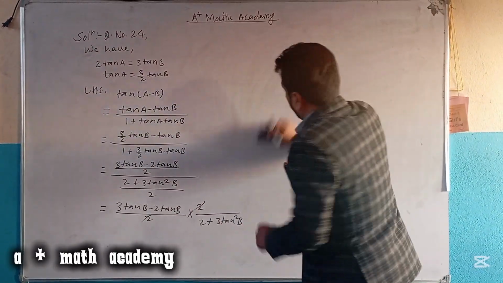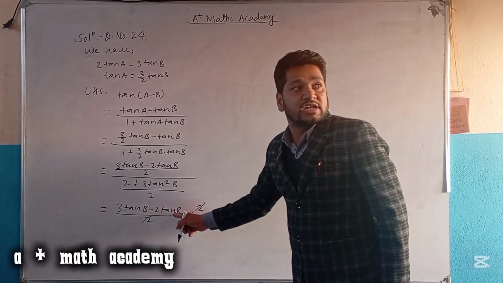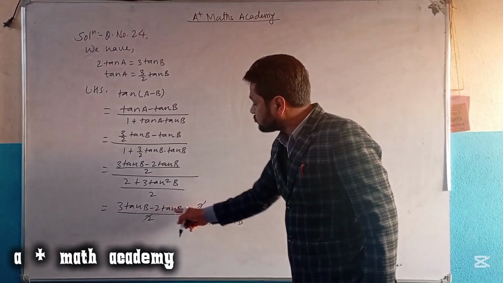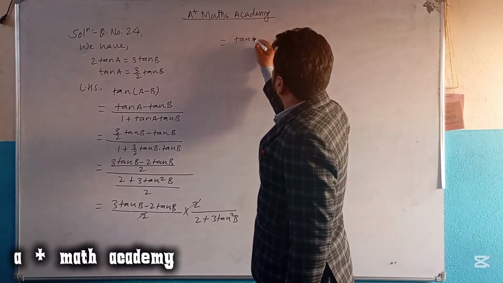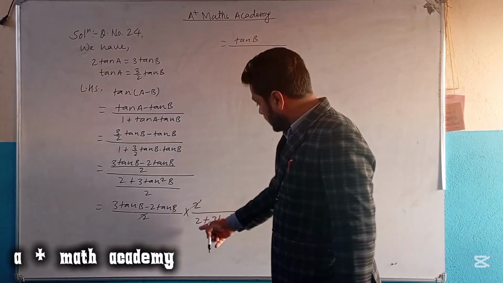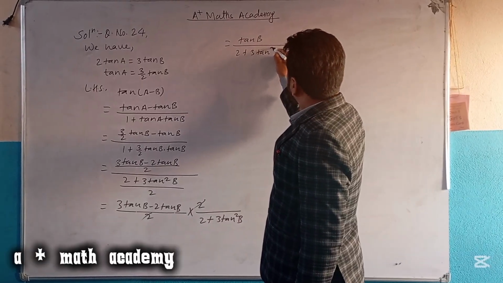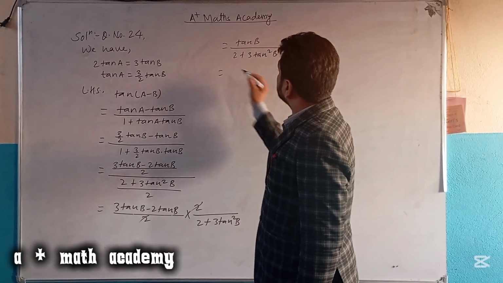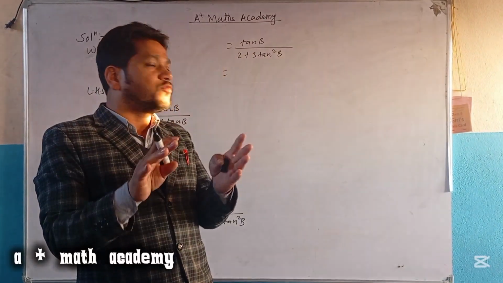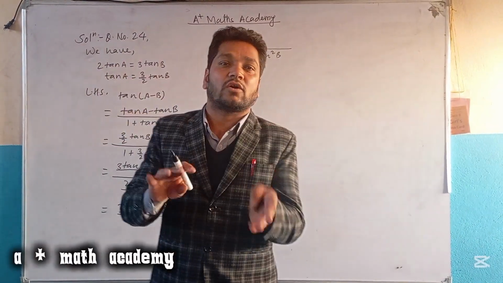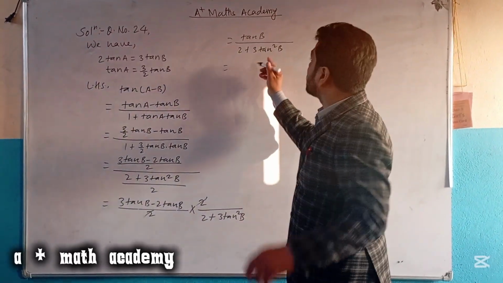After that, what can we do here? 3 tan B minus 2 tan B we can subtract, and we get tan B whole upon 2 plus 3 tan square B. Here we have to prove in terms of sin and cos, so this tan will change into sin and cos form.